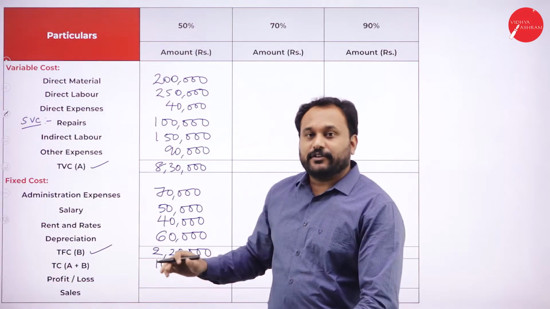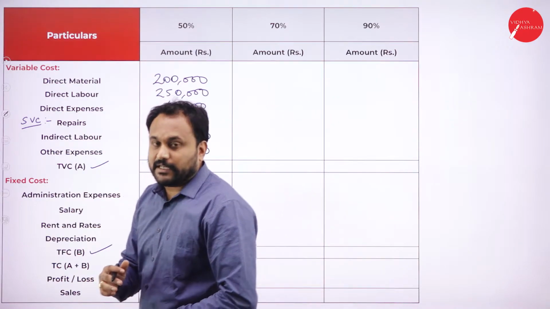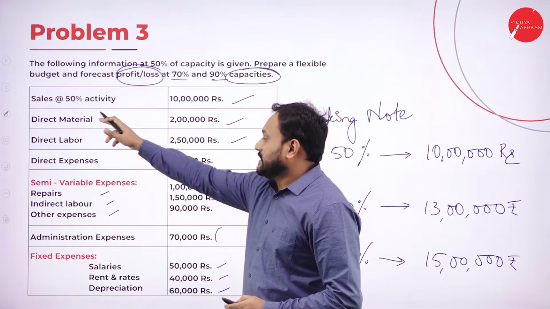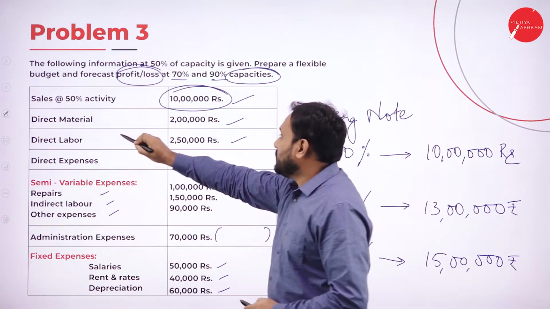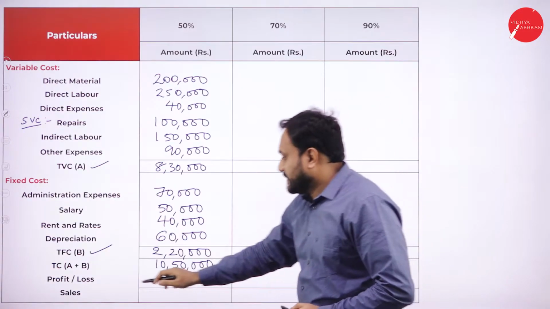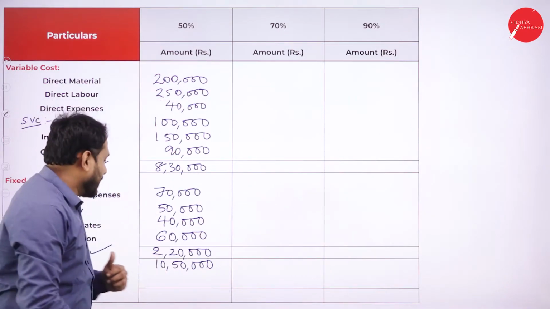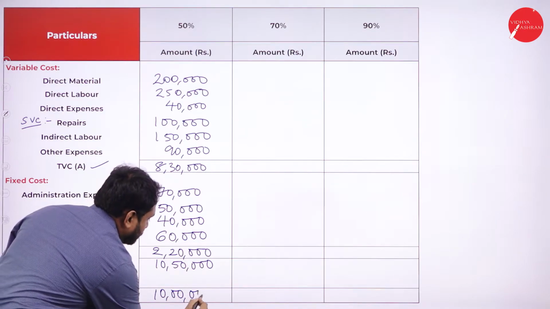We don't know whether it is profit or loss, but in our problem, students, at 50% capacity, what is the estimated sales? The problem says sales at 50% activity is 10 lakh rupees. So we'll write here 10 lakh.